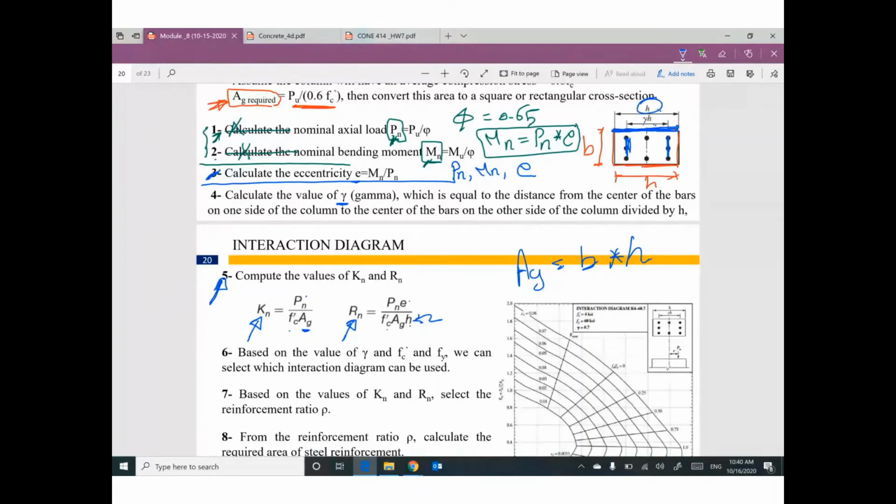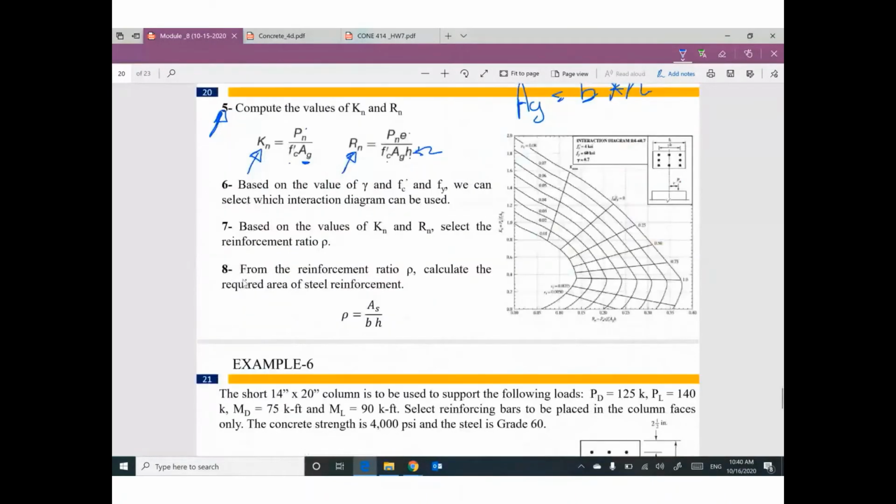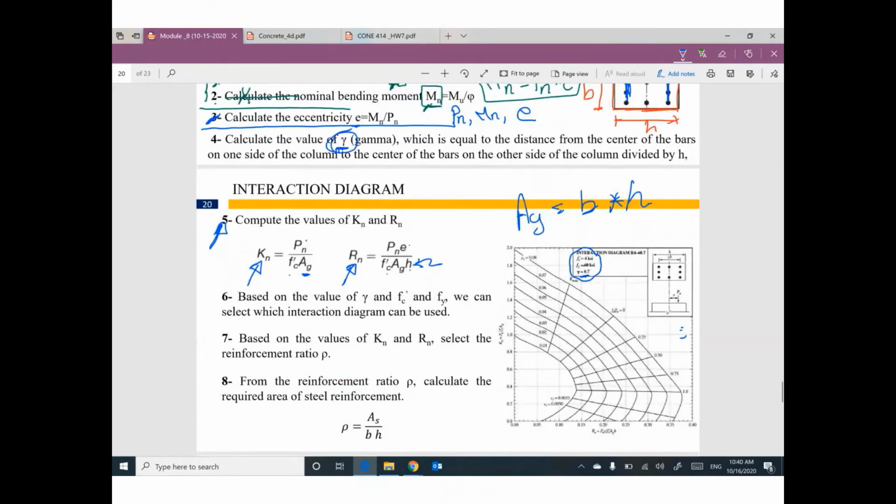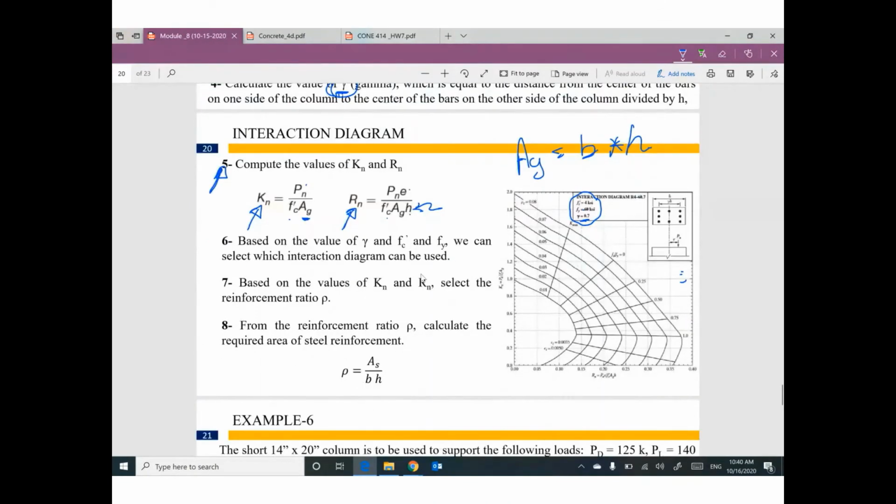Once you find Kn and Rn, go ahead and use this interaction diagram. But make sure you are choosing the correct one with f'c and fy and the value of gamma that you calculated here. We have different interaction diagrams with different values for f'c, different values for fy, and different values for gamma.